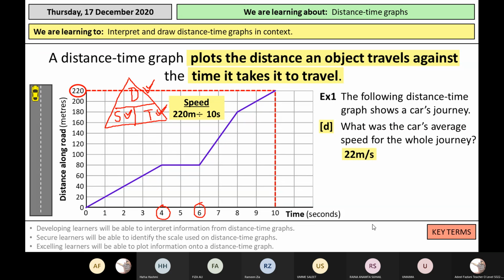That gives you 22 because speed is total distance upon total time. The keyword in 'what was the car's average speed of the whole journey' tells you that you need to find the total distance, and then go for the total time. Got it?